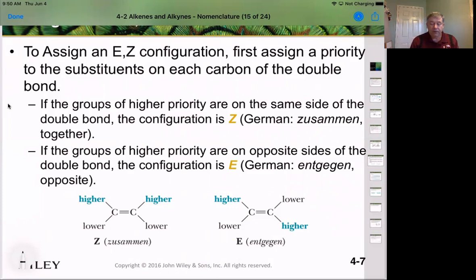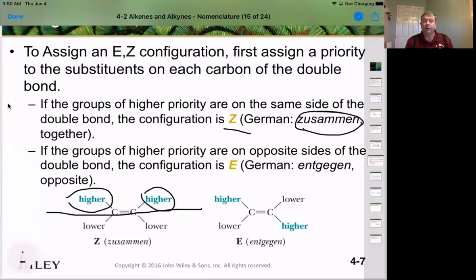So if the highest priority groups are on the same side of that same imaginary line through the double bond, we call that zusammen, or Z, okay? Zusammen means same side. So if you want to remember this, Z is zusammen, and the Z groups are on the same side, okay?